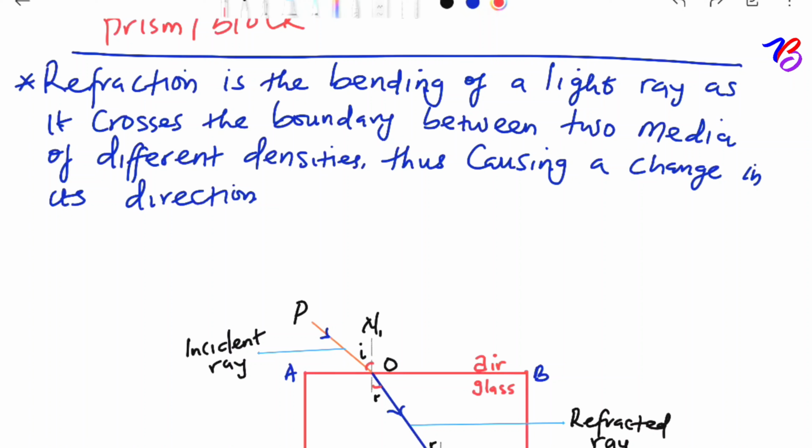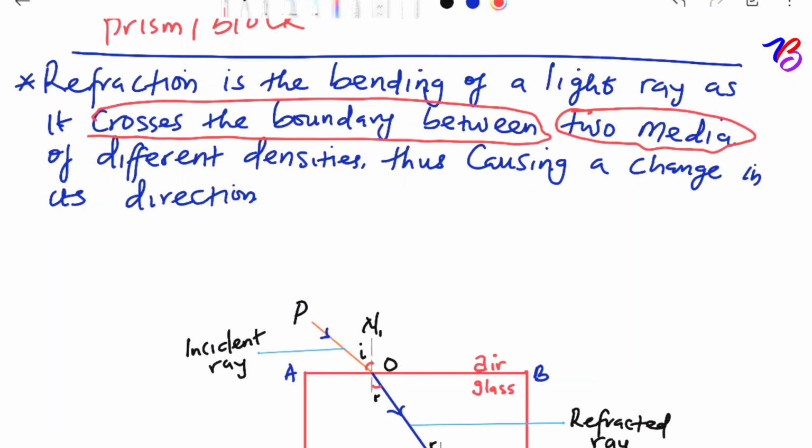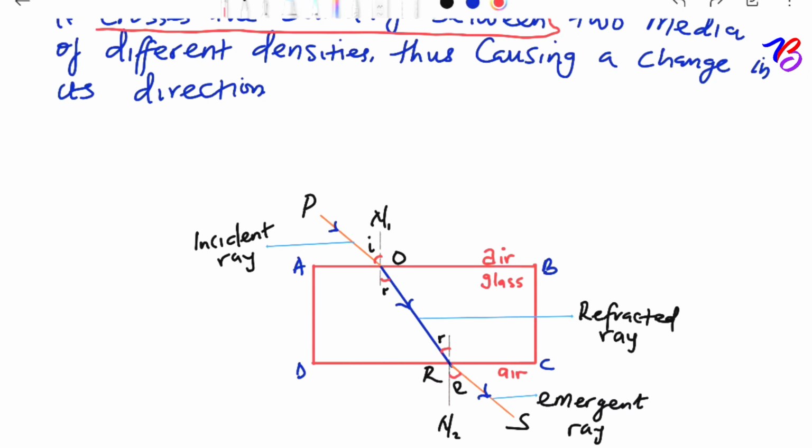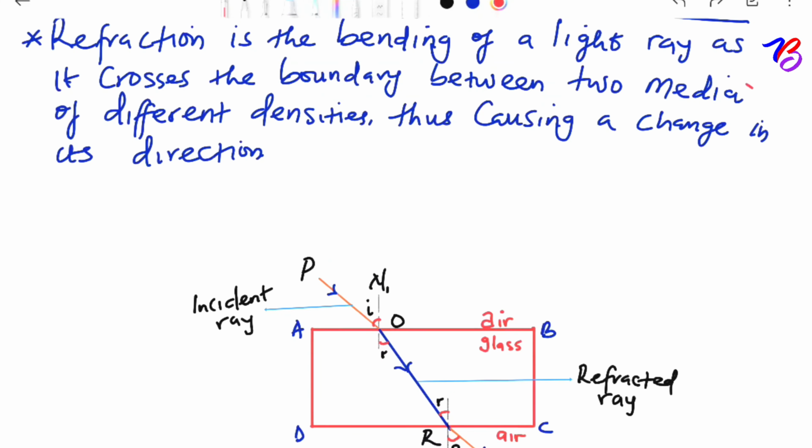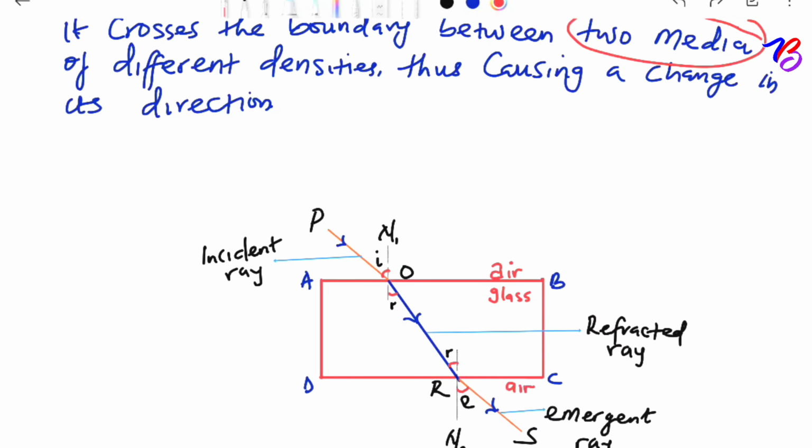Okay. Then we have crosses the boundary between two media. So crosses the boundary is the surface of the outline of the prism. Then two media. One, the air. Two, the glass. So that line is the boundary. Then we have two media, air and glass. Are you here? So different densities.